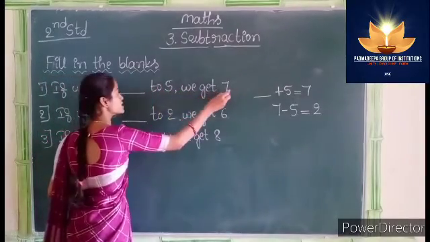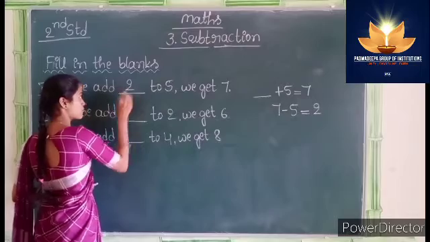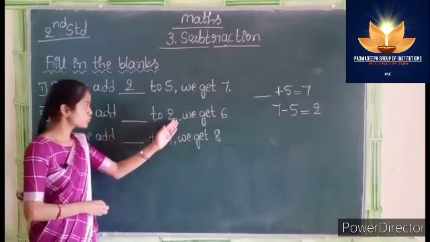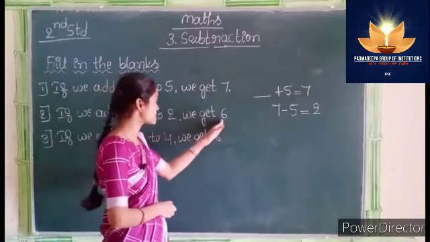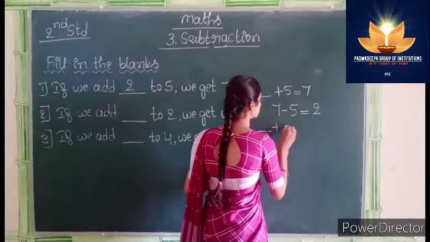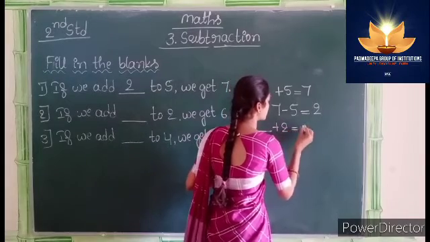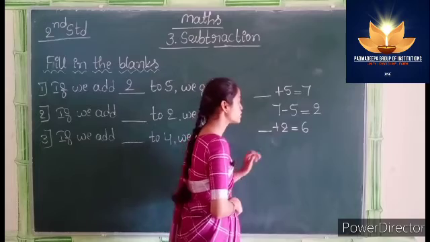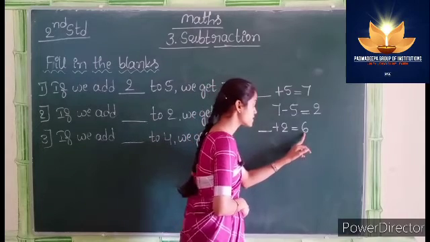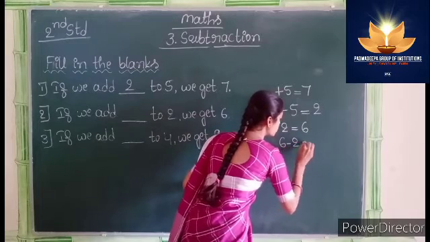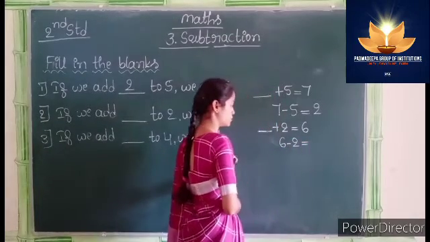We get 7. And here if we add a blank to 2, we get 6. That means which number added to 2 gives 6? Now we have to subtract 2 from this 6. 6 minus 2 is equal to.